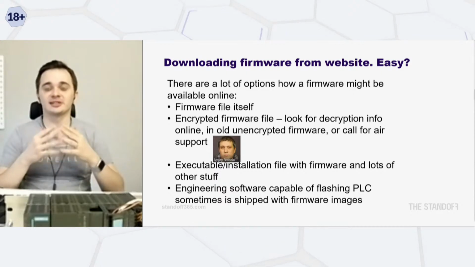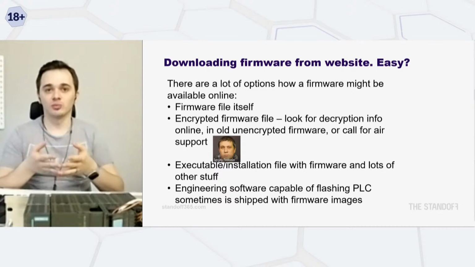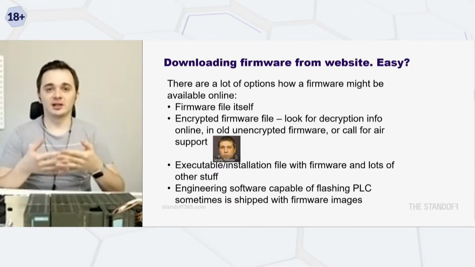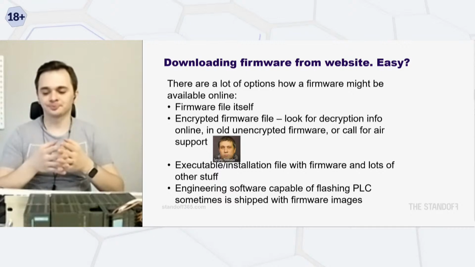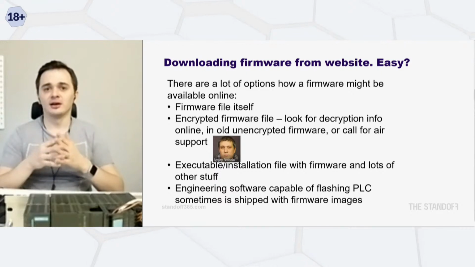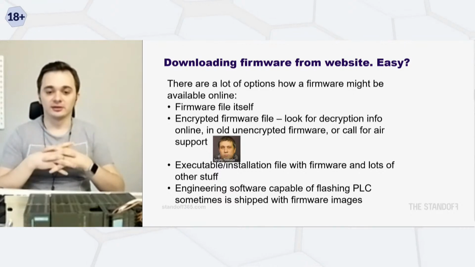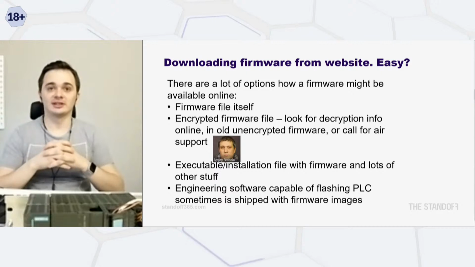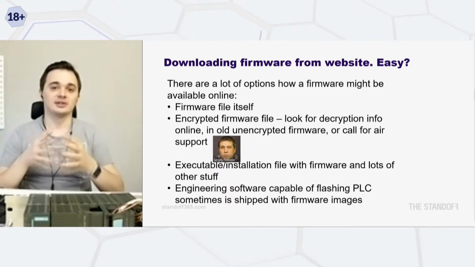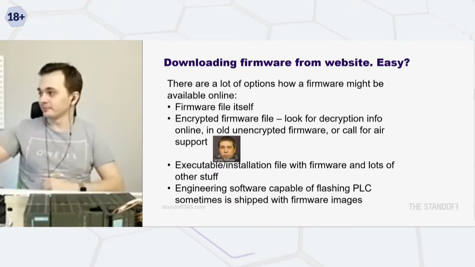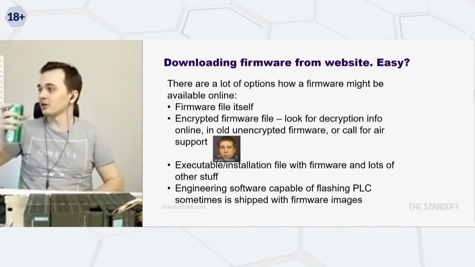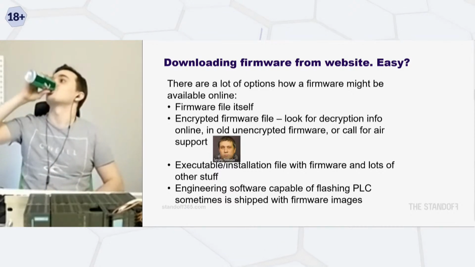Another thing that sometimes happens is when firmware comes together with the engineering software capable of updating or flashing the PLC. And then the firmware can be found as part of this flashing engineering software.